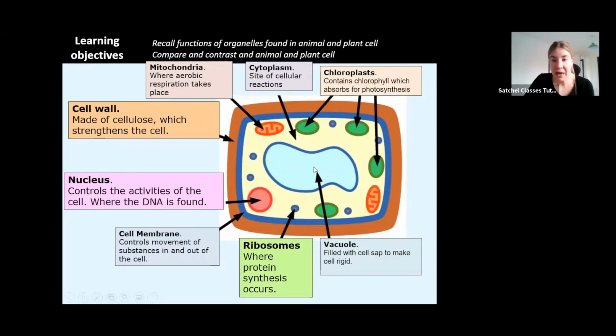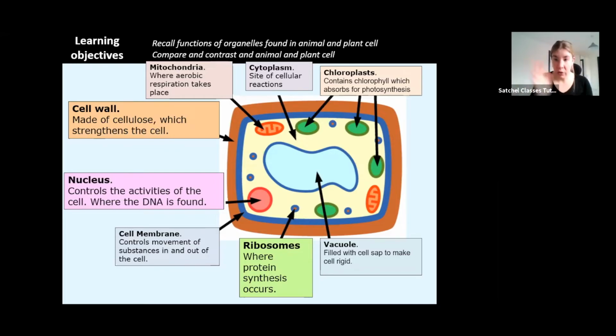We have over here in the middle this big thing called a vacuole. You may also call it a permanent vacuole. It's filled with cell sap to make the cell rigid. And we'll talk more about rigidity later on in the biology course. But those are the ones, again, that you just have to learn, I'm afraid.